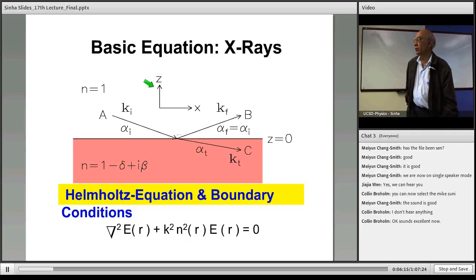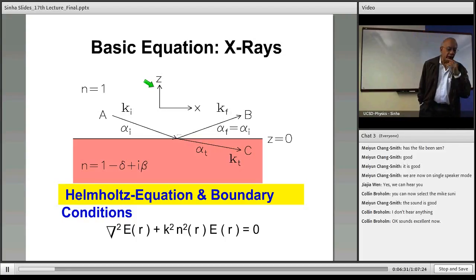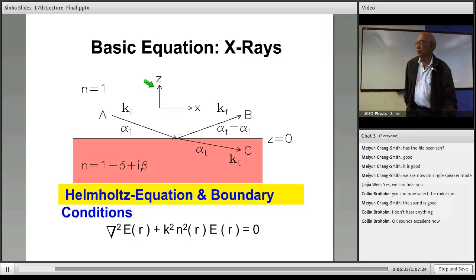Then the Helmholtz equation, both in the free space region and in the medium, can be written in this way: del squared, if this is the electric field, and although the electric field is a vector, we can not worry about that here, because we can consider this the neutron wave function, which is a scalar, since we're dealing with neutrons.